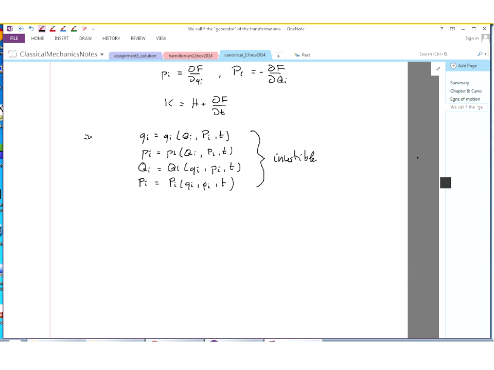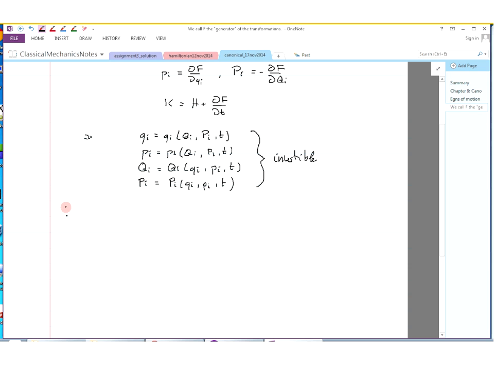Let's go back to this. We actually only handled a specific case here. We handled the case where f depended on little q and big Q. So we in fact have 4 possible ways to mix the little variables with the big variables. Okay.